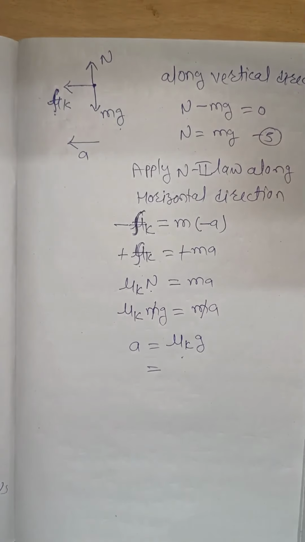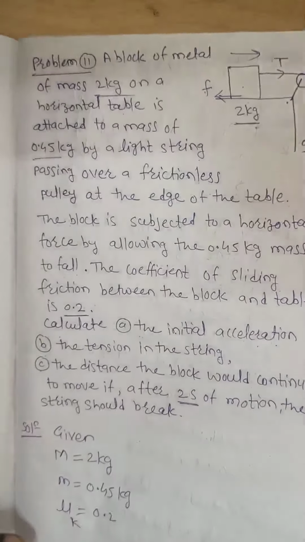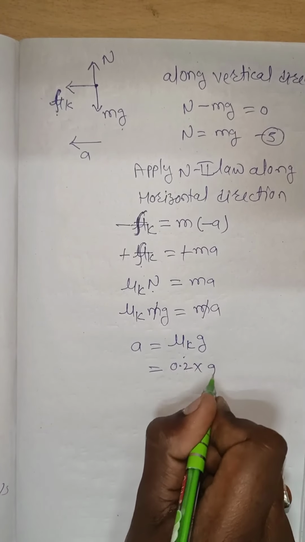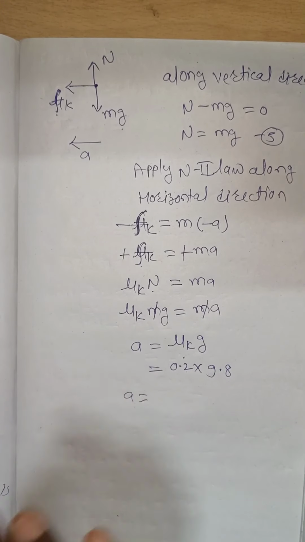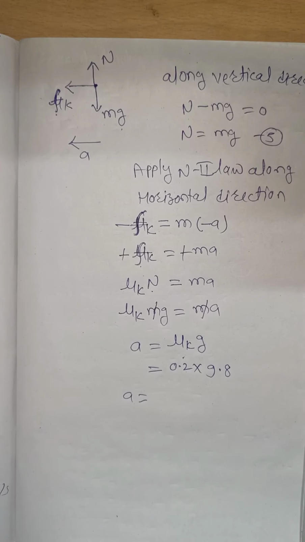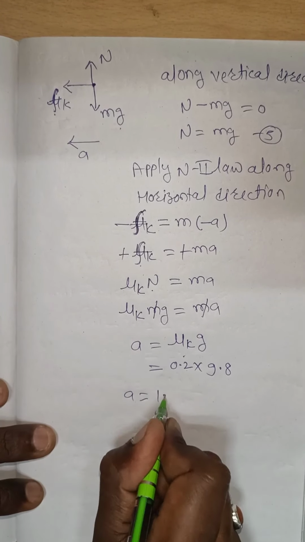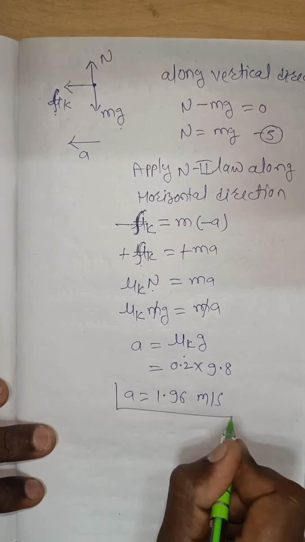The mu k value is already given in the problem: mu k is 0.2 and g is 9.8. Therefore, the acceleration of the block is 0.2 into 9.8, which is 1.96 meter per second squared.